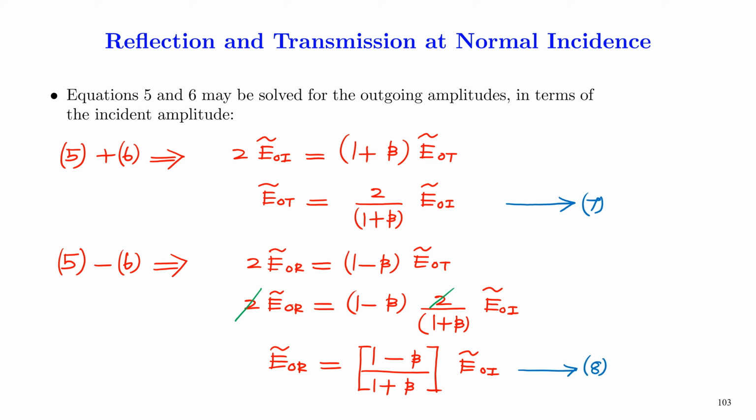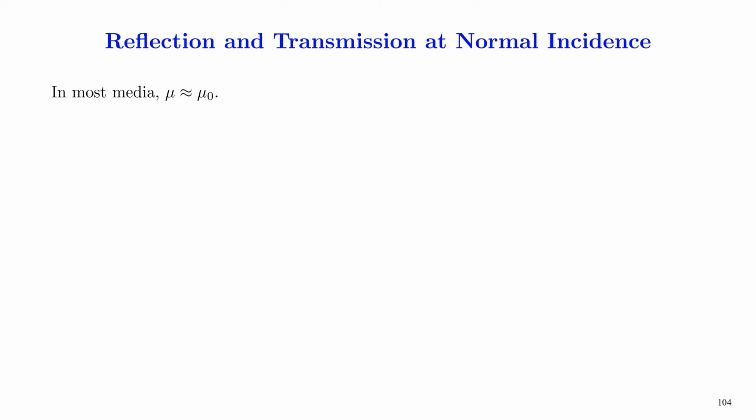We see that the fraction of the field that is reflected is again dependent on beta. Let's make further simplifications for equations 7 and 8. For most media, the permeability will be approximately equal to the permeability of free space. This is because most of the material media are more sensitive to electric fields than to magnetic fields.